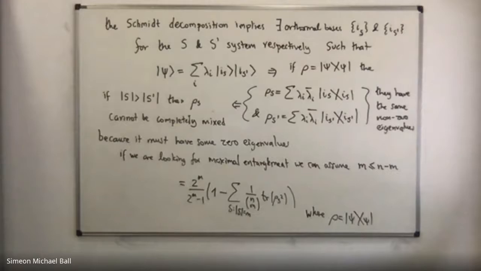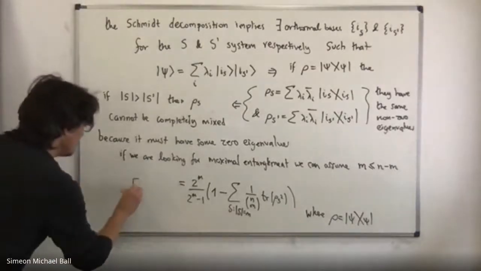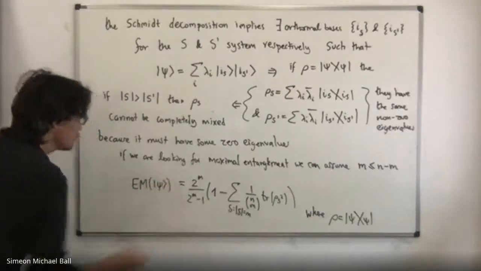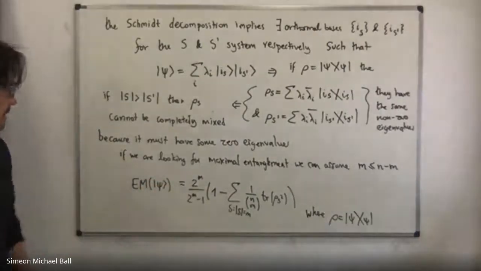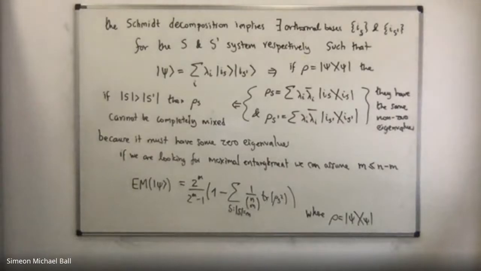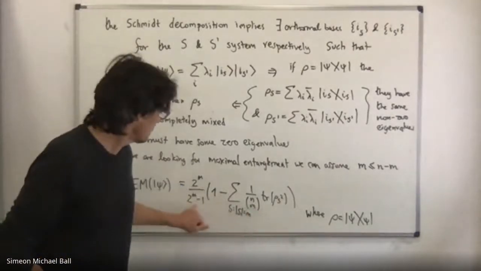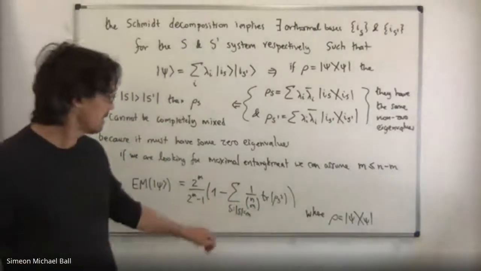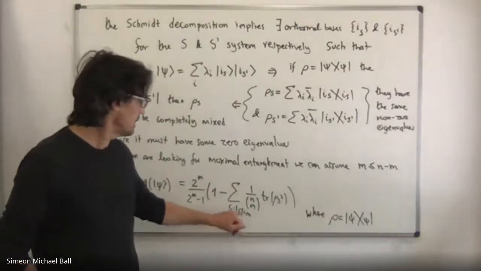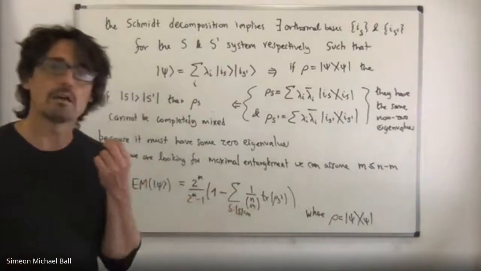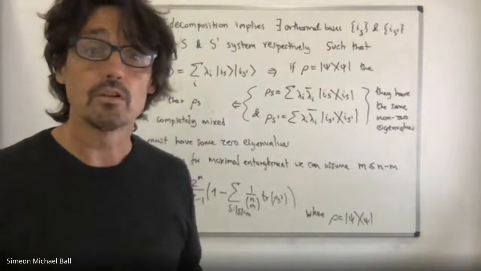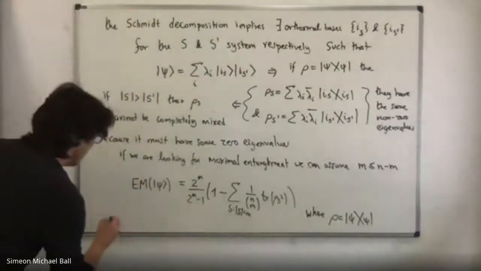Okay, so now I want to look at 2 extremities of this entanglement measure. So we saw that this weighted linear entropy here was somewhere between 0 and 1. So we take the average; it's still going to be somewhere between 0 and 1.